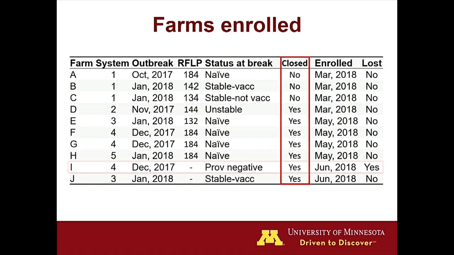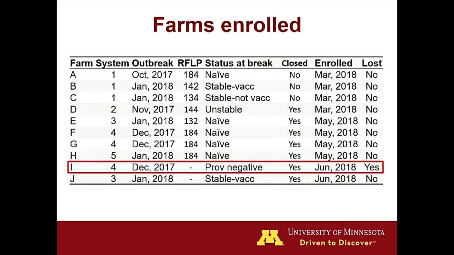Also, I want to highlight this farm that was enrolled and was lost to follow-up, and they didn't want to continue in the trial. They contributed a couple of weeks, but then they dropped from the study. So from here on, we're going to mainly relate results to 9 farms, not to 10 farms.